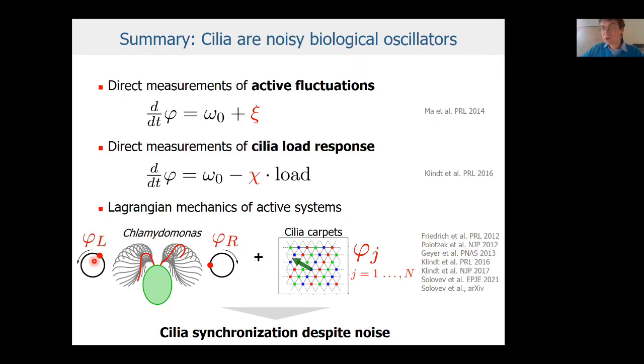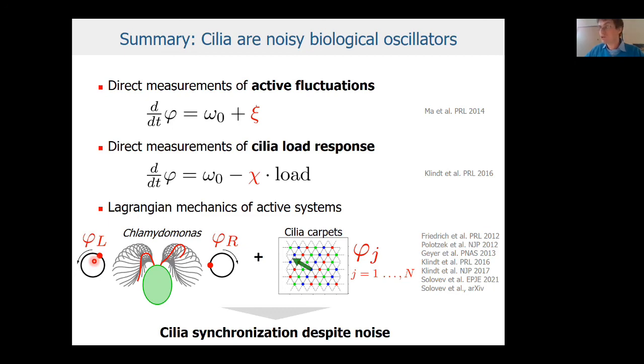And even for chlamydomonas, I must say we have a model for the basal coupling, but we also have tons of questions. So I really hope that in the next years there will be more experimental papers classifying the elastic properties of the basal coupling in chlamydomonas. And once these experiments are available, then we can refine our theory just for chlamydomonas. So even for chlamydomonas, we don't understand this fully.